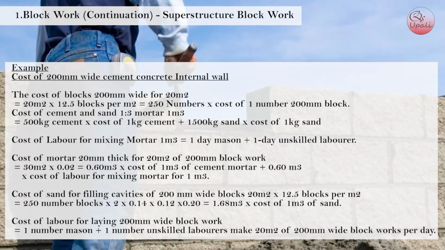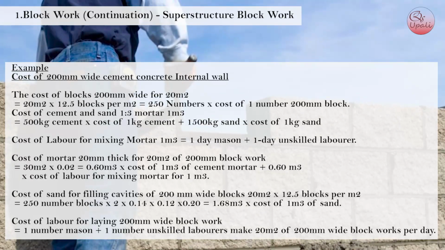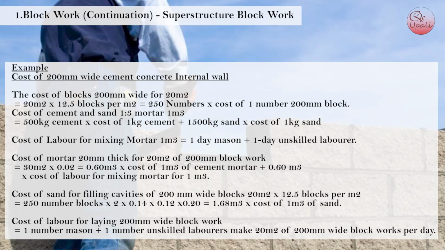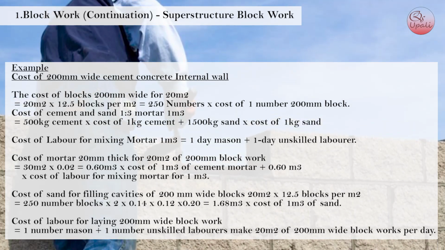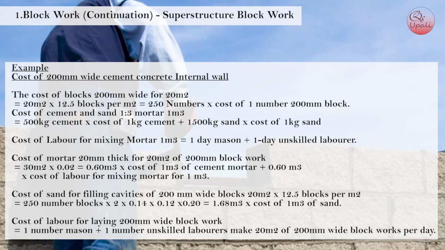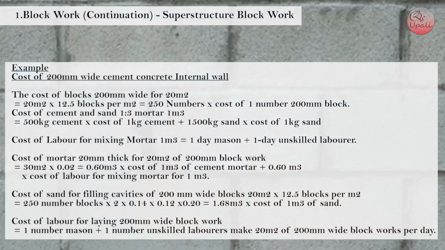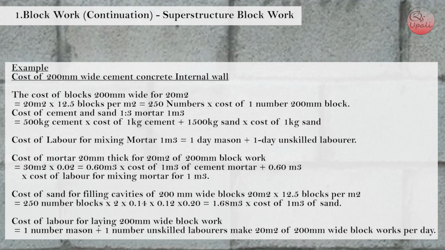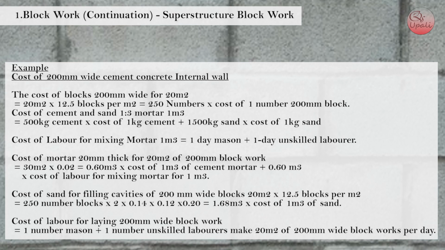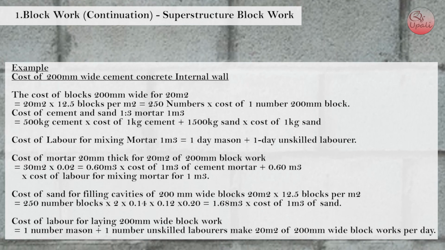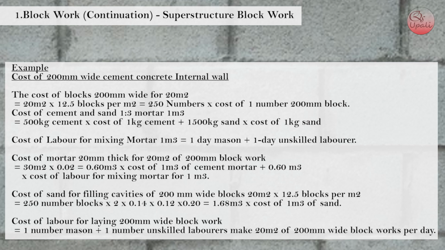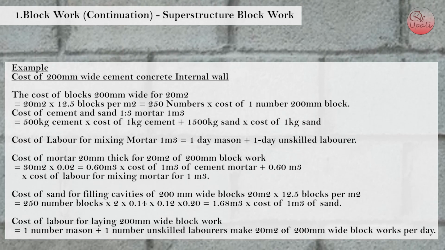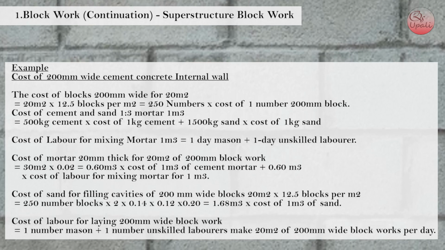Example: cost of 200 mm wide cement concrete internal wall. The cost of block 200 mm wide for 20 m² equals 20 m² into 12.5 blocks per m², equals 250 numbers into cost of one number 200 mm block. Cost of cement and sand 1:3 mortar, 1 m³, equals 500 kg cement into cost of 1 kg cement plus 1500 kg sand into cost of 1 kg sand.